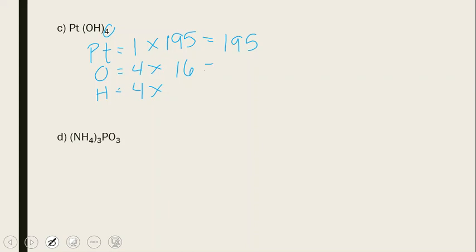Oxygen 16 times 4, 64, and hydrogen is 1 times 4. Okay, this is 8, 13, 10, 16, 2 grams per mole.